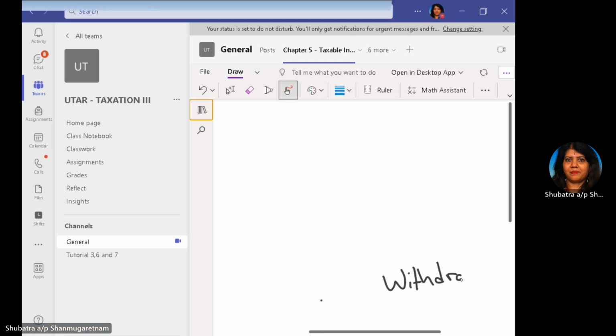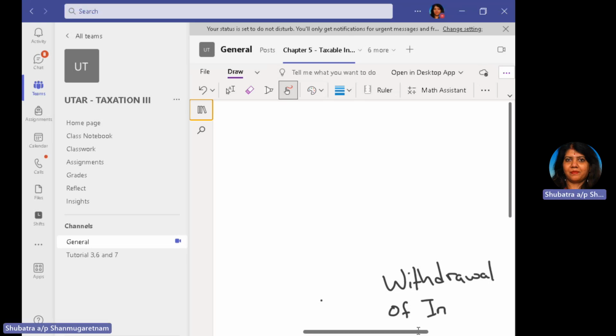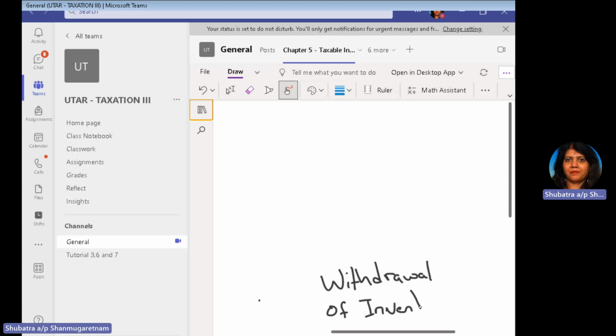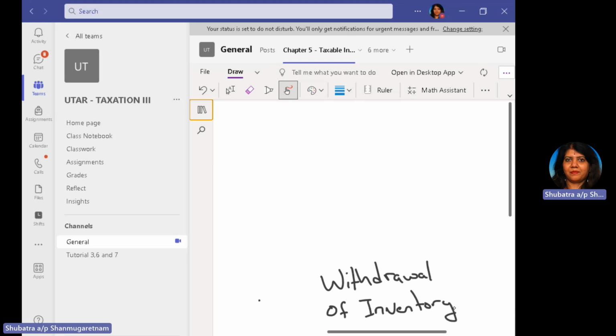Withdrawal of inventory. I think you guys studied this. Majority of this you would have studied in text too. All right?